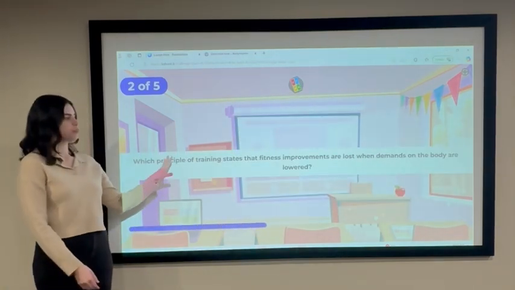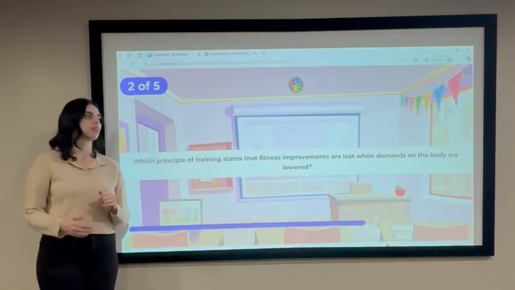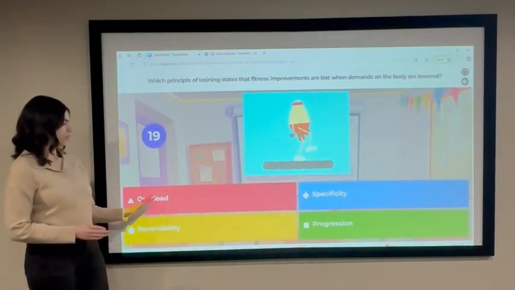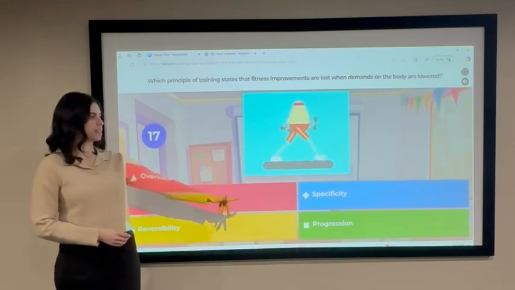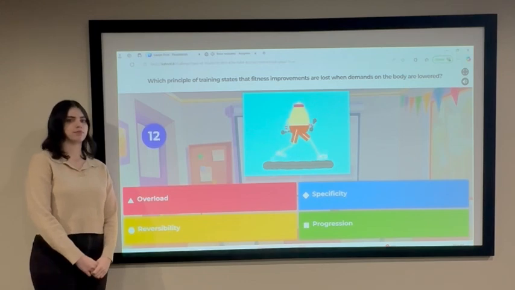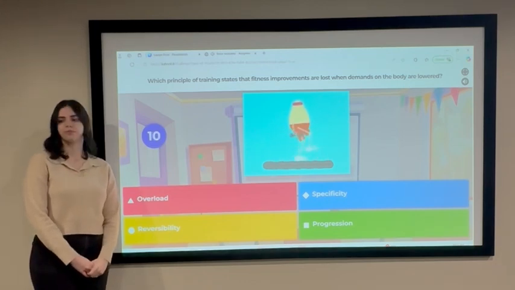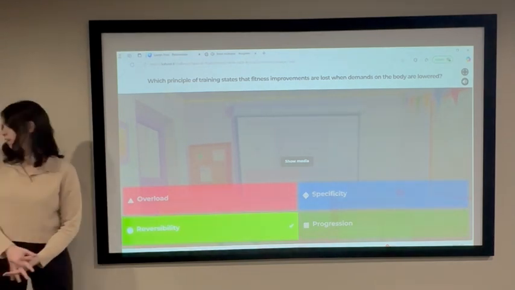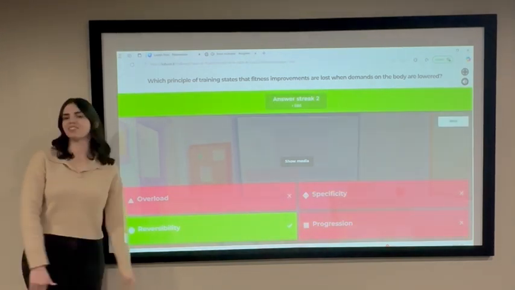Question 2, which principle of training states that fitness improvements are lost when demands on the body are lowered? We have overload, reversibility, specificity, or progression. If you chose reversibility, you are correct.